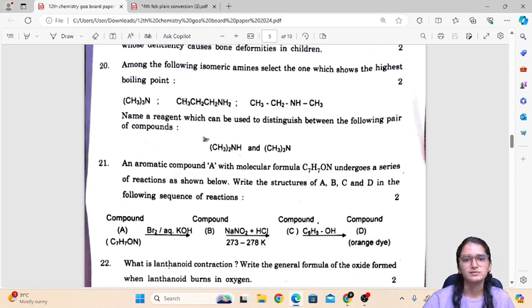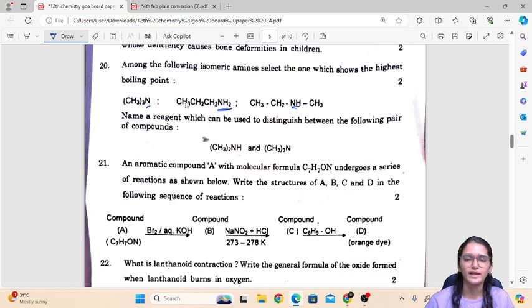Straight chain or primary amines are the ones in which there is an NH2 group. There are three types of amines: primary, secondary and tertiary. Amines with an NH2 group are primary, with an NH group are secondary, and with an N group are tertiary. The concept says that primary amines have the highest boiling point, then secondary, then tertiary.